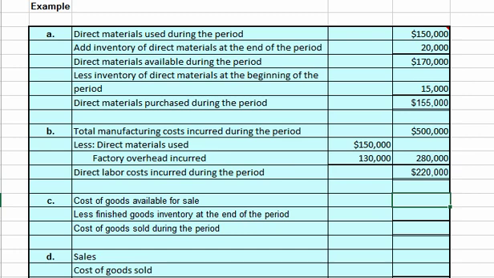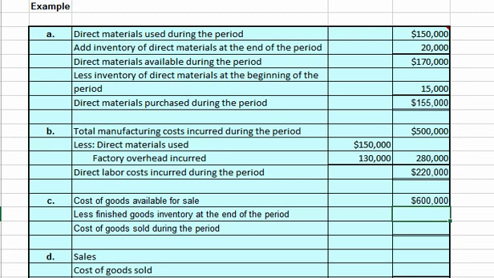We'll see, they're looking for cost of goods sold. Well, if you have cost of goods available for sale, let's say 600,000, and we just subtract out the cost of the goods in finished goods inventory at the end of the year. That's just the goods that we've manufactured, we just haven't sold them yet.